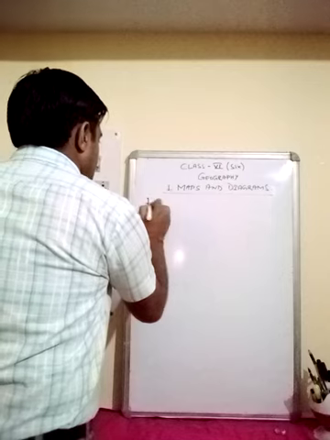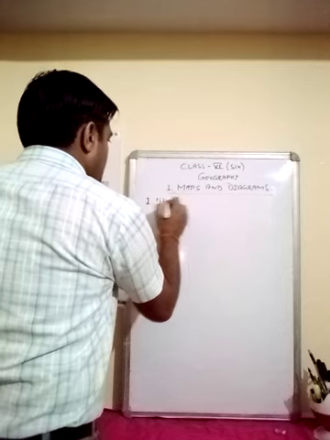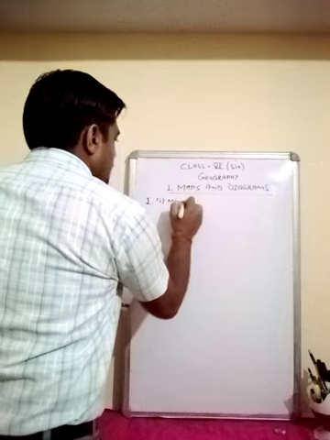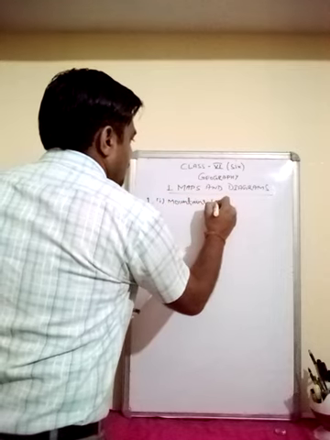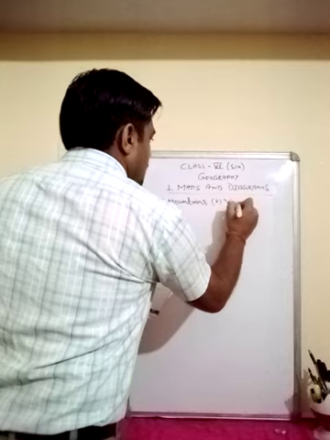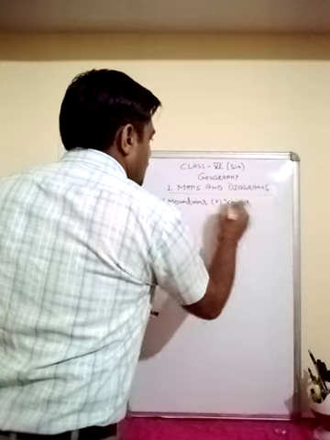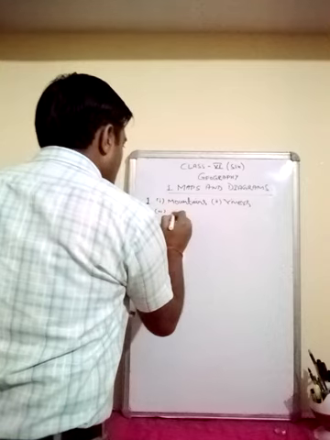The clues are number 1, mountains. Number 2, rivers. Number 3, climate.